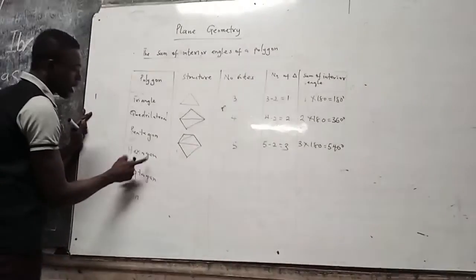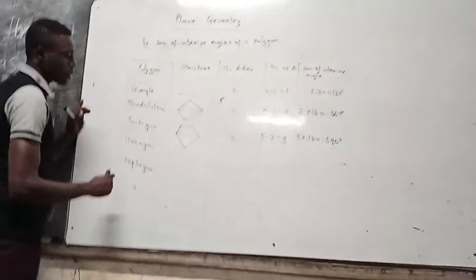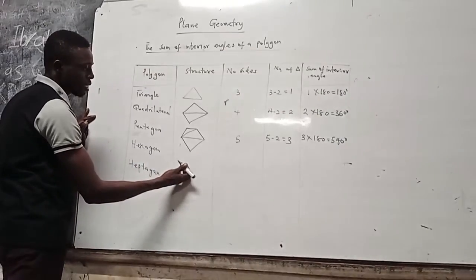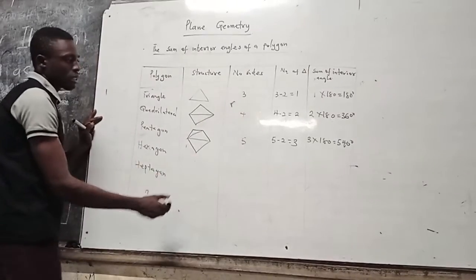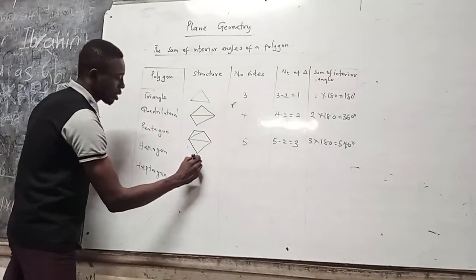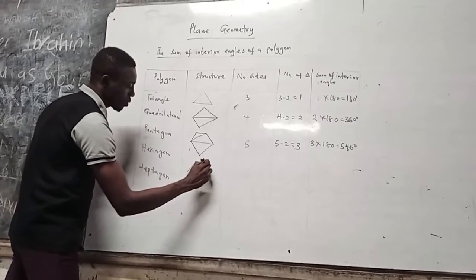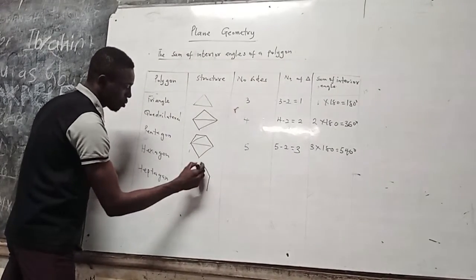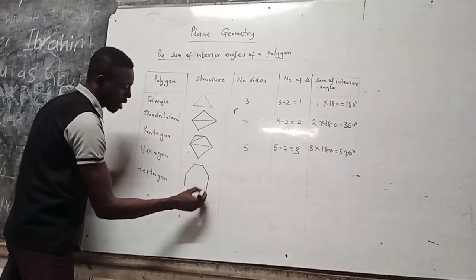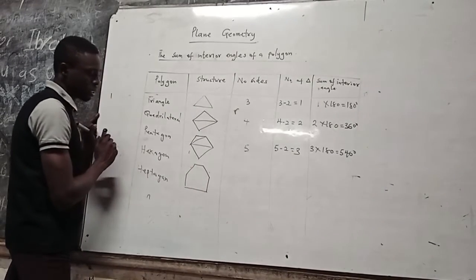Alright, let's go to the hexagon. Hexagon means 6 sides. If you are to draw, you get the structure to be 6. So here, 1, 2, 3, 4, 5, and you get here to be 6.